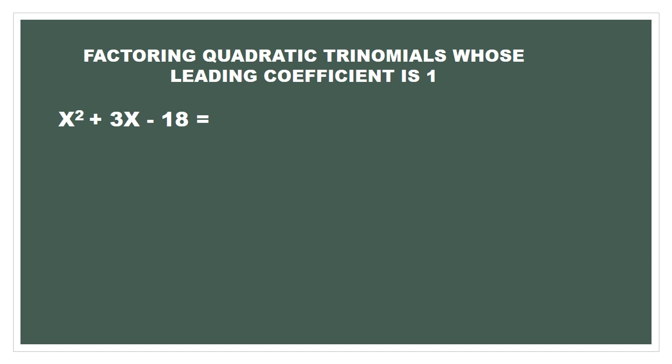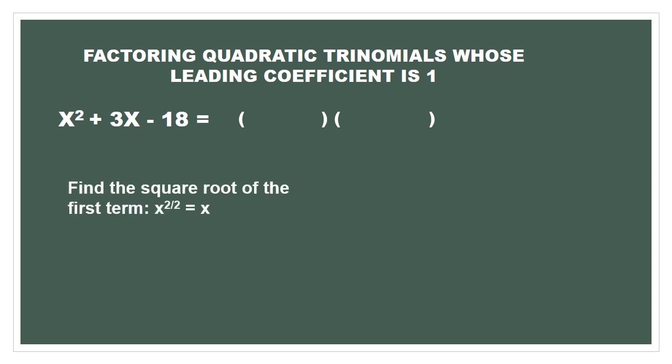Next example is x squared plus 3x minus 18. Okay, ang factors ng trinomial is or are two binomials. First, we're going to find the square root of the first term, which is x squared. I-divide lang natin yung ating exponent sa 2.